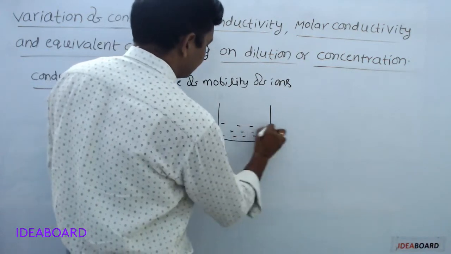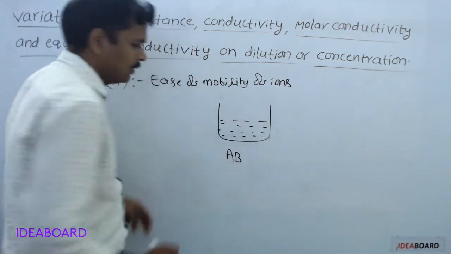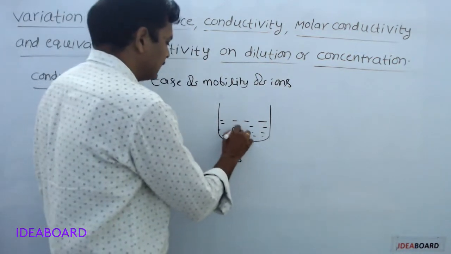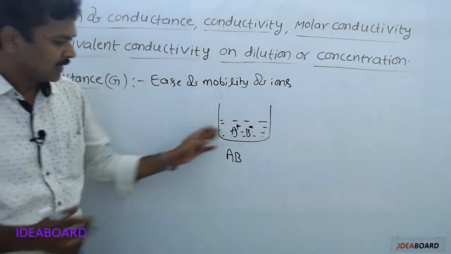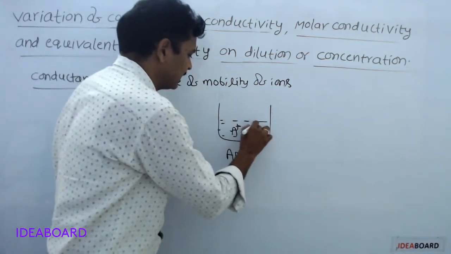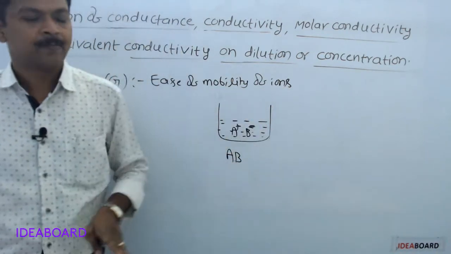I am taking one electrolytic solution. That electrolyte is AB. That AB electrolyte contains A plus ions and B minus ions. Between these ions, there are attraction forces.